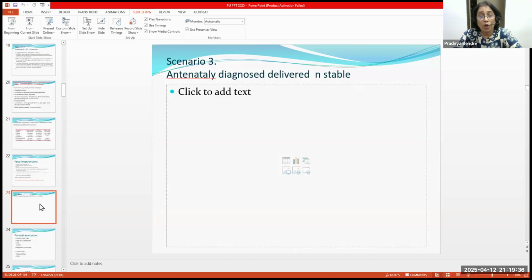The presence of oligohydramnios tells you that the child can have respiratory distress after delivery, and ventilation and neonatal care should be kept ready. And actually, in a tertiary care center like ours, we form a prenatal team where all these specialists see the patient together, so that when the baby is delivered, the neonatologist is available, the ventilator is available, and the pediatric surgeon is also available.